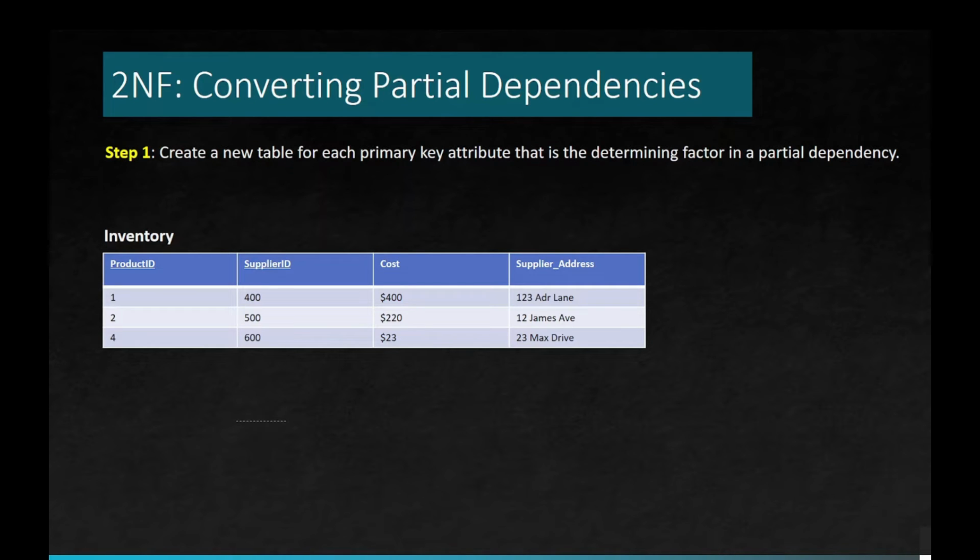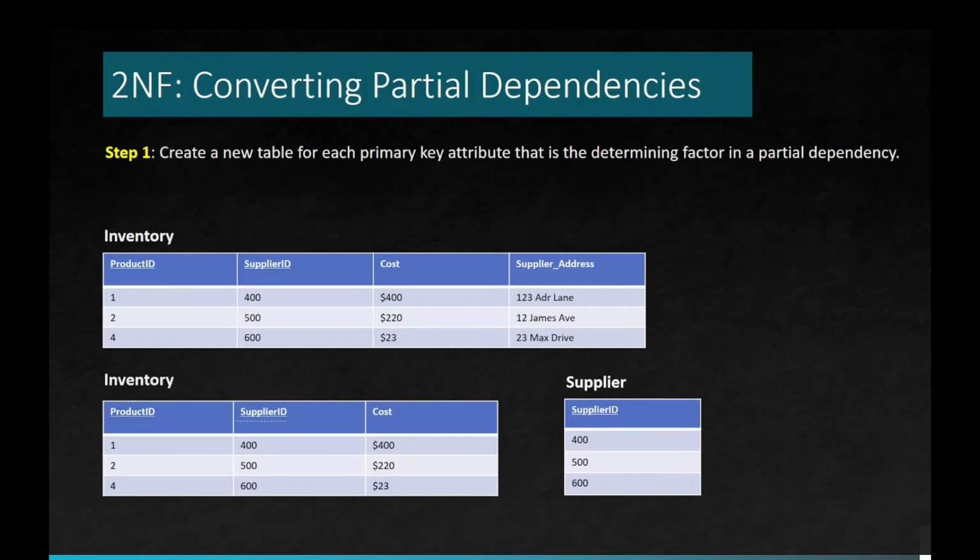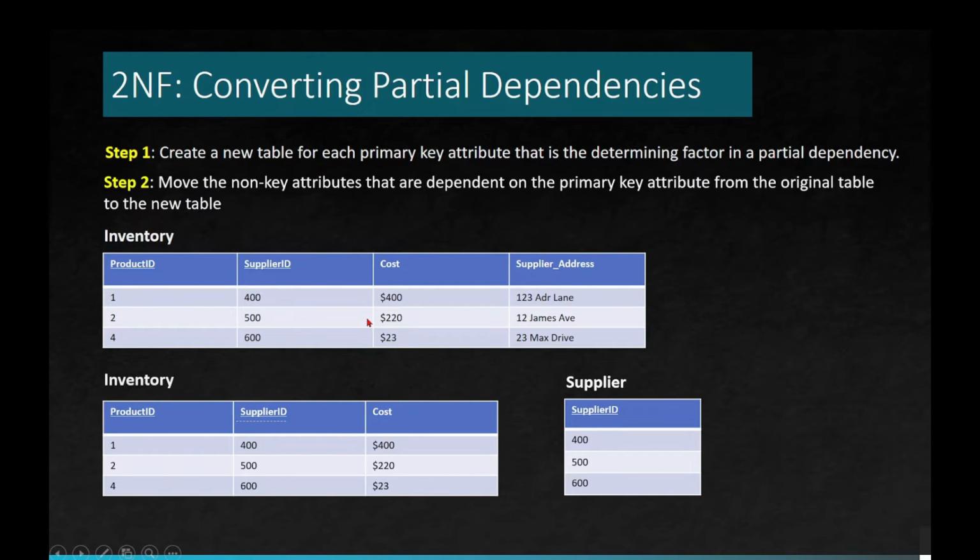Once we do this, we now have two tables, right? We have the inventory table and we have a supplier table. The supplier ID now becomes a primary key in its own table and it becomes a foreign key in the inventory table.